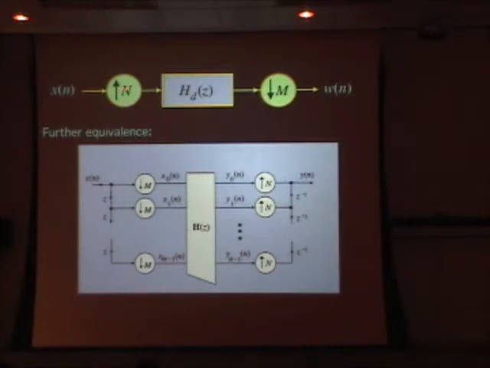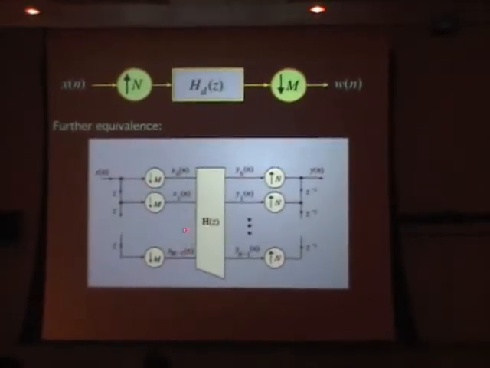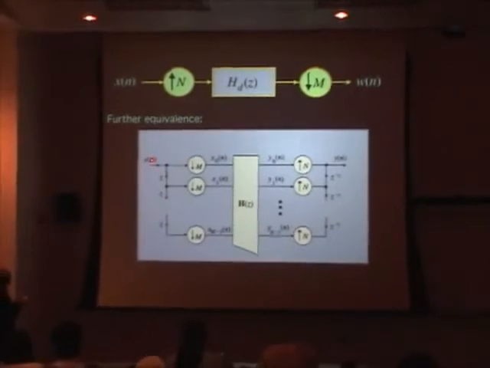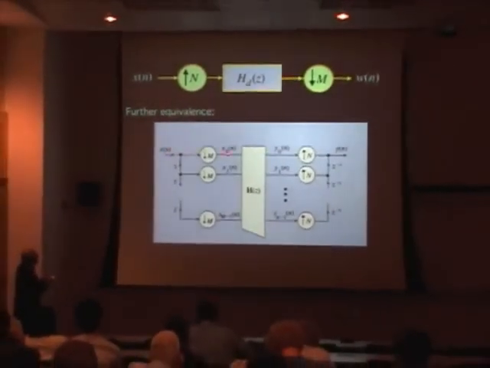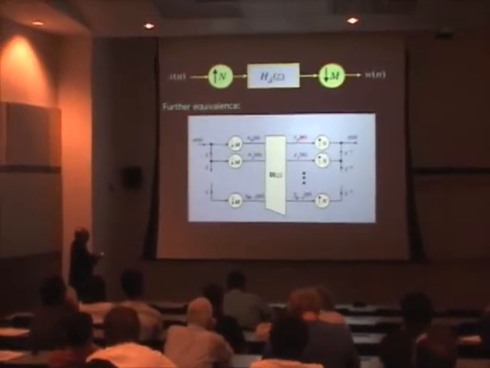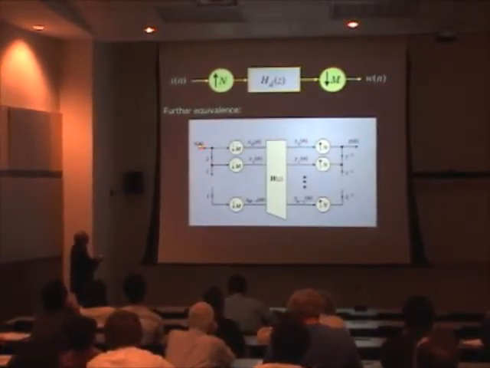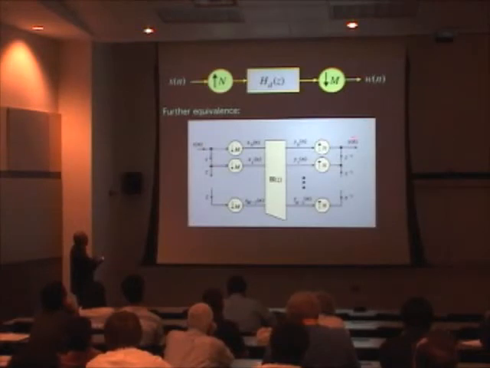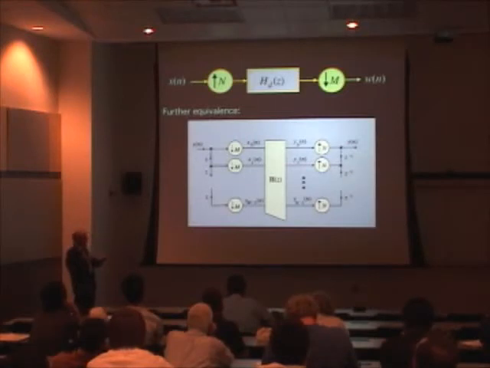Basically, those of you not familiar with this notation, this is just one block of m successive samples, and this is one block of n successive samples. So you take the input in blocks of m and the output in blocks of n. There is an input sequence of vectors of size m and an output sequence of vectors of size n, and those two sequences are related by an LTI system.